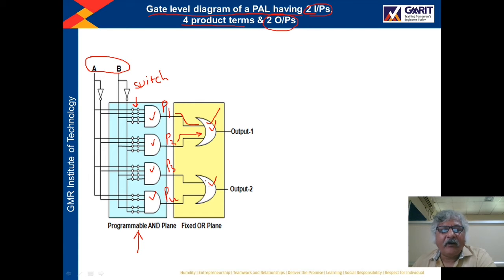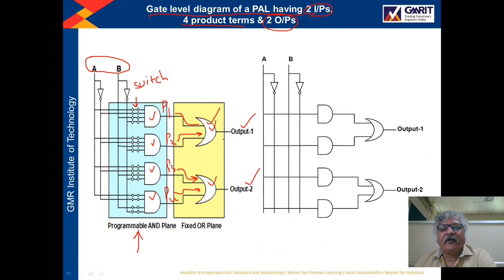In the second OR gate, the inputs are connected to product term number 3 and product term number 4, and these OR gates generate output 1 and output 2. In this way, flexibility is less because the OR plane is fixed. But since there are no switches in the OR plane, the speed of the operation will be fast.